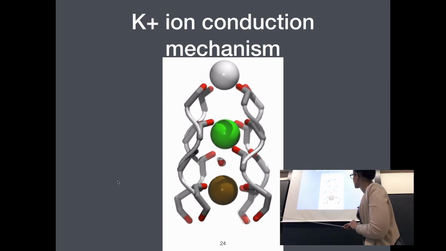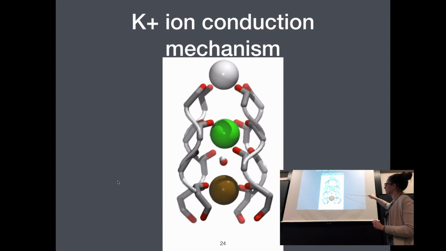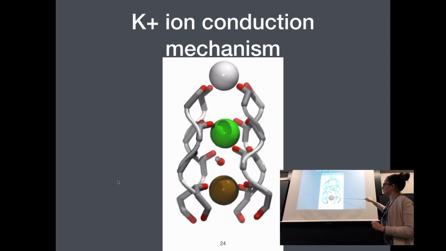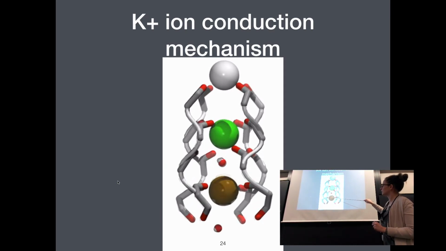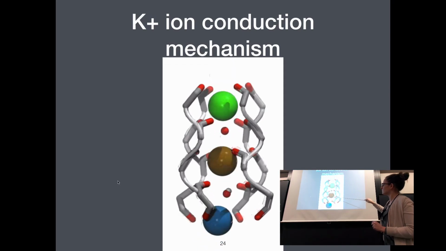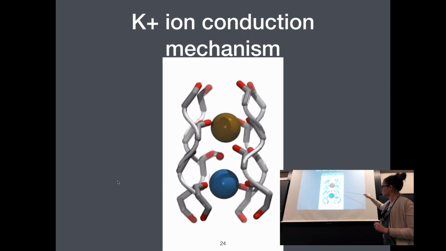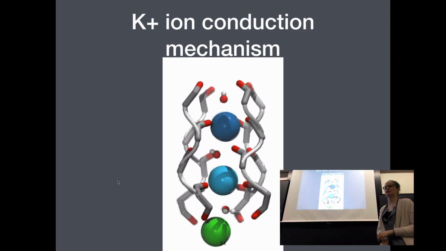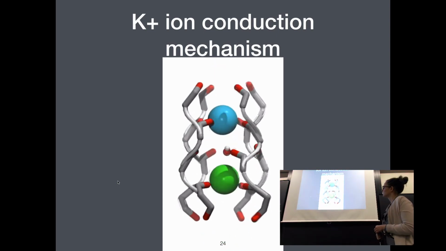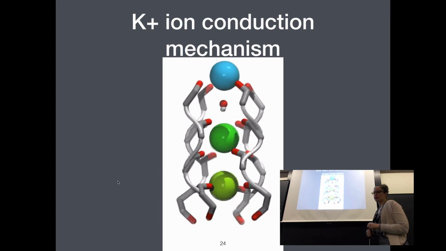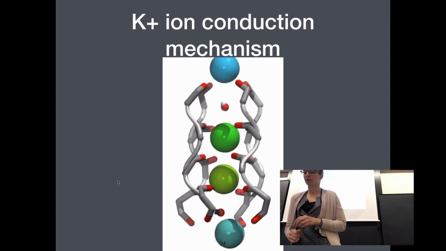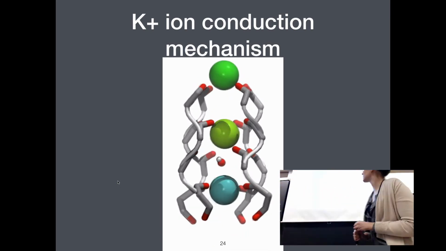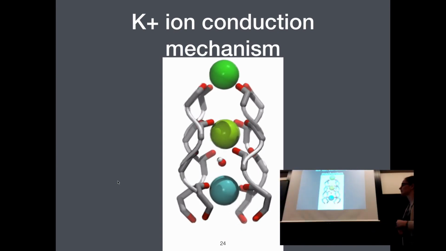Because of the shape of the protein here, a sodium ion is actually too small and too hydrated to be able to go through. That's how it selects for potassium. I don't know if this looks impressive to you, but it was a mystery for decades, and people were very excited to be able to explain how this happens.